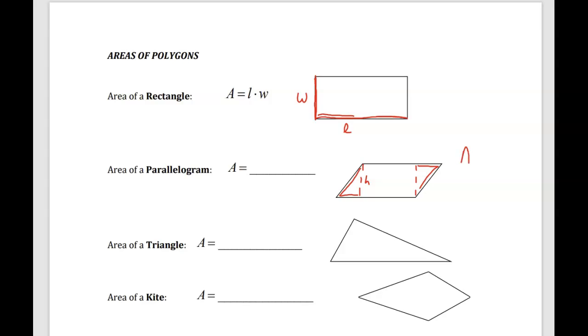Because remember, we're fixing to talk about the area of a triangle is 1/2 its base times its height. So actually we would get 2 of those. So 1/2 of 2 is just 1. We would get the base times its height.